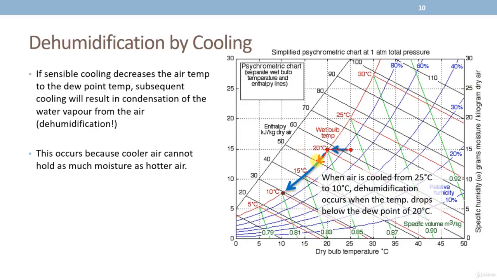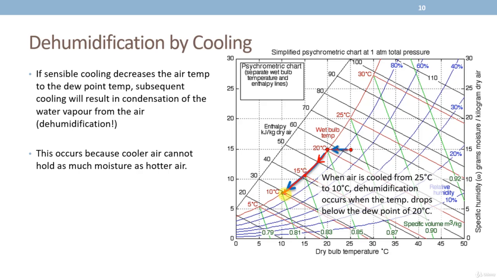It has to be bounded by this saturation curve. So in this case, it will go to 19 degrees Celsius, 18, 17, 16, 15 degrees Celsius will be over here. And let's say you cool it down all the way to 10 degrees Celsius.